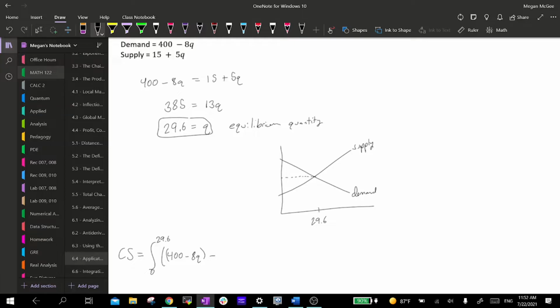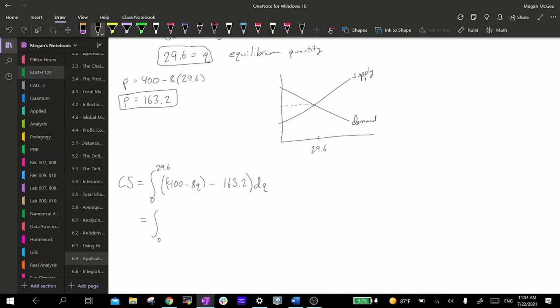But if we plug it into the demand curve, we get P is equal to 400 minus 8 times 29.6. And so we get our equilibrium price is 163.2. So our top function was our demand, and our bottom function is our horizontal line at our price, which is 163.2 dq.